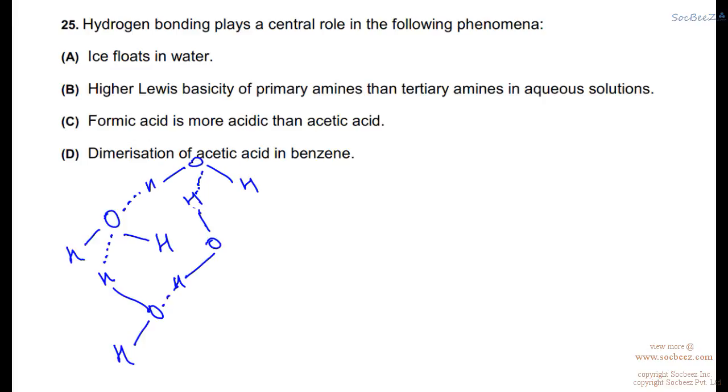It has a cage-like structure, and therefore, due to this, density of ice is less than water, and therefore it floats in water. Hence, option A is correct, because they are surrounded with each other through hydrogen bonding. Now, option B, higher Lewis basicity of primary amines than tertiary amines in aqueous solutions.